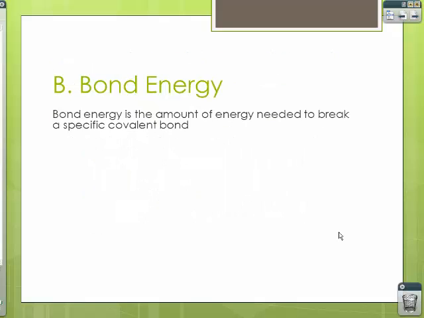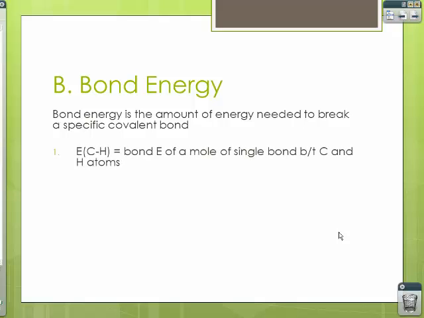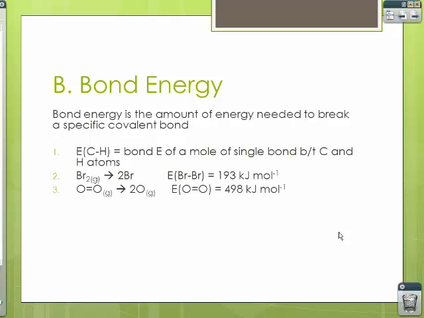Bond energy is the amount of energy needed to break a specific covalent bond. So for example, a CH bond is the amount of energy to break a single bond per mole between carbon and hydrogen. To break bromine, to make 2 Brs, it takes 193 kilojoules per mole.